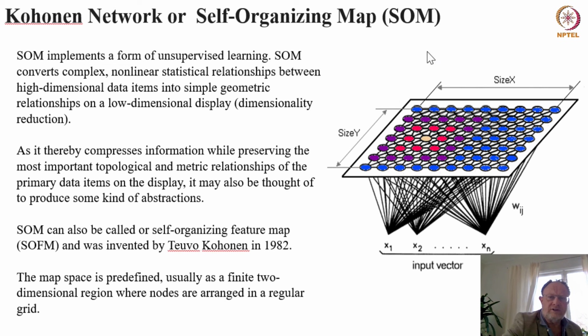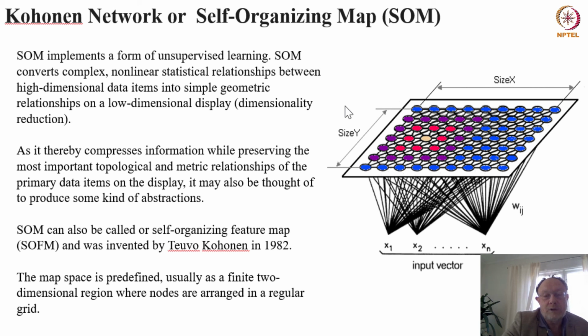Another interesting variant of associative memory is what's called the coherent network or self-organizing maps, SOM. SOM implements a form of unsupervised learning, and takes potentially complex nonlinear statistical relationships between high-dimensional data and maps them onto a low-dimensional display.